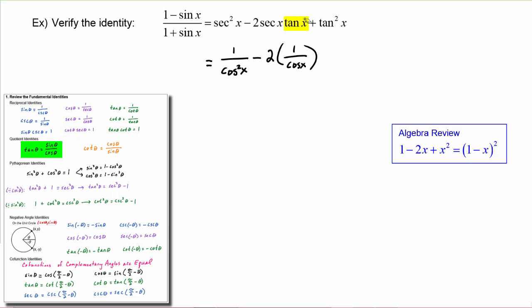Tangent of x, we know, is sine of x over the cosine of x, plus we have this tangent squared on the end, which will become sine squared of x over cosine squared of x.